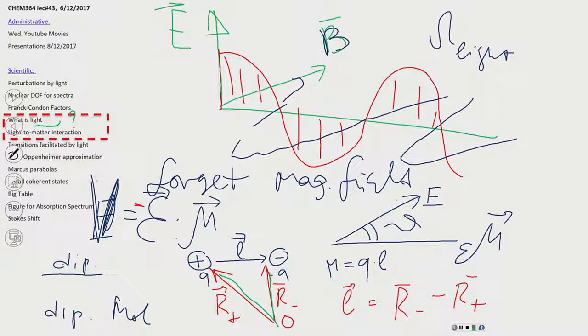If it is not aligned, it will be energetically unfavorable. If it is aligned along the field, it will be energetically favorable. Right? What does it mean?